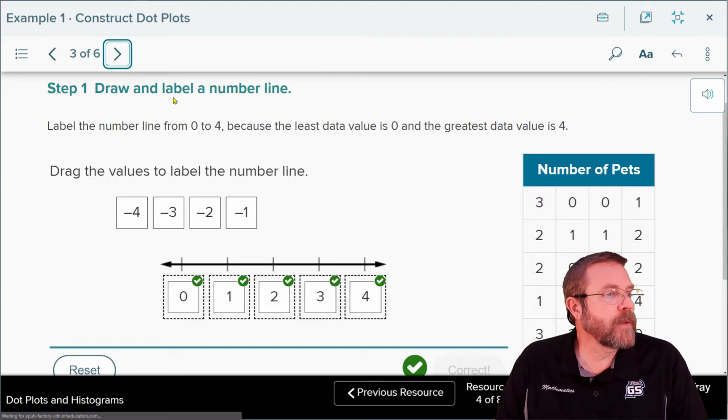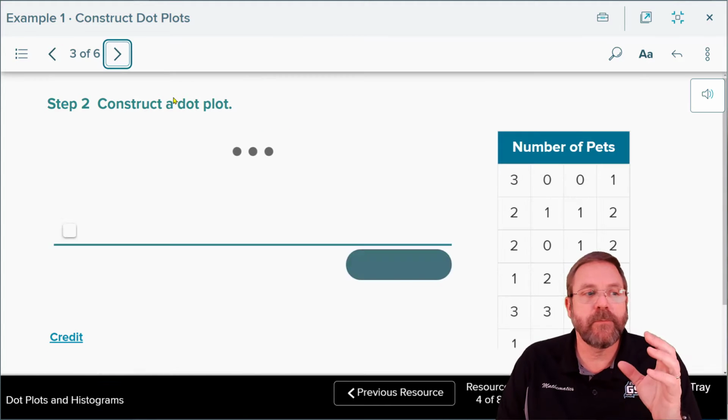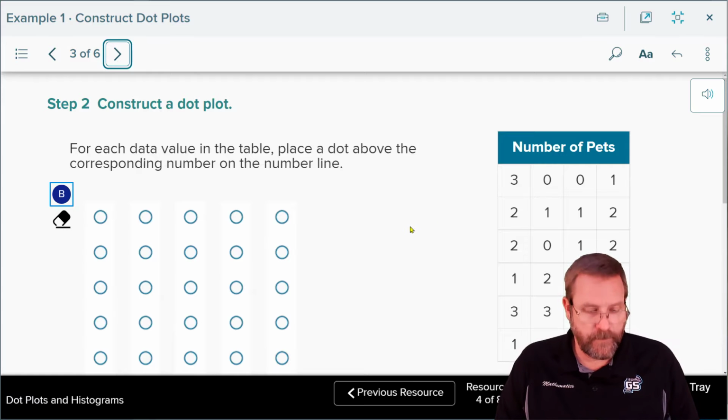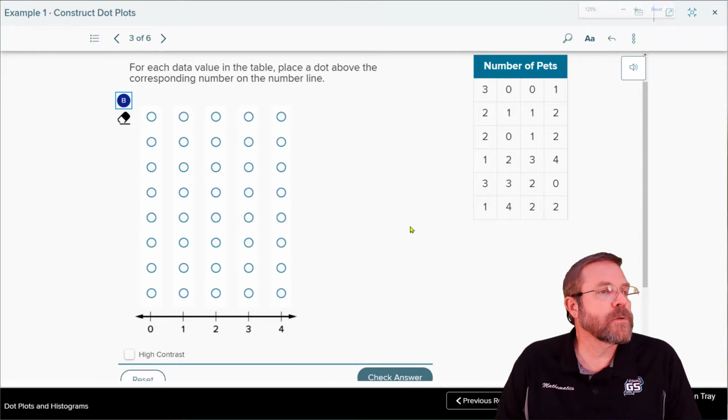And next thing we're going to have to do is take and list how many pets there are in each category above it. So let's scroll down just a little bit, and I'm going to be working vertically through these. I'm going to start off, I have a 3, I have a 2, I have another 2, I have a 1, I have another 3 and another 1. That's my first column.